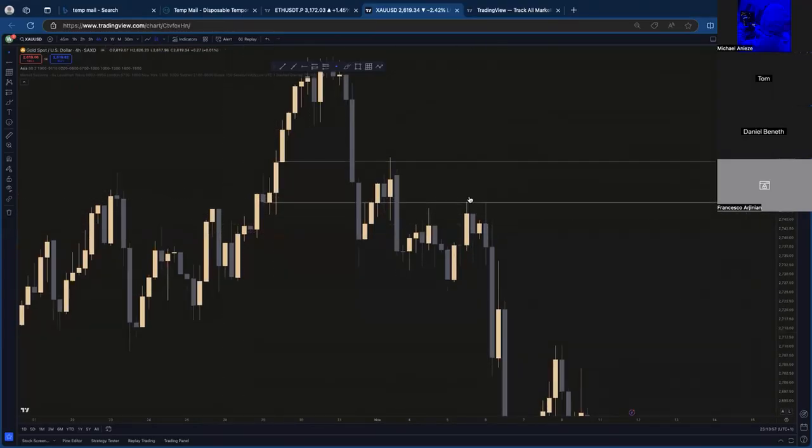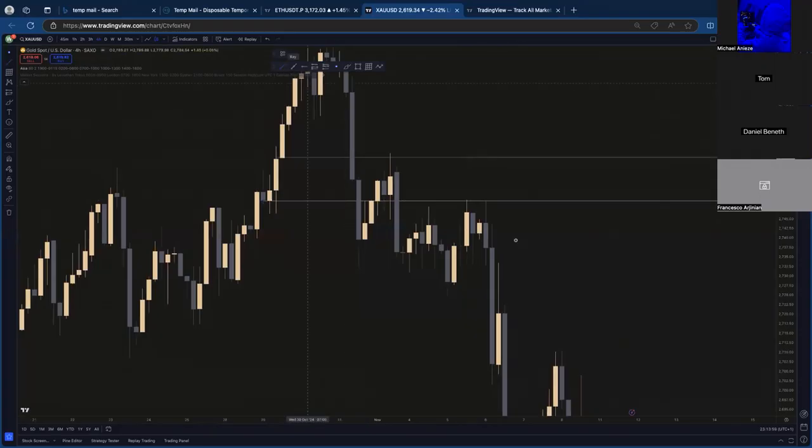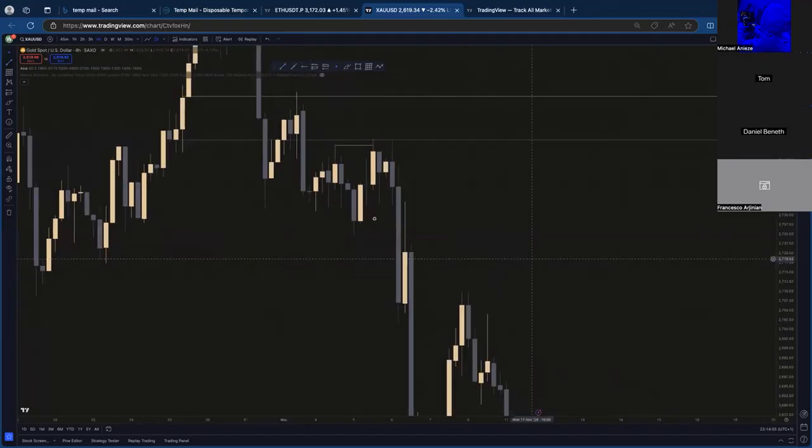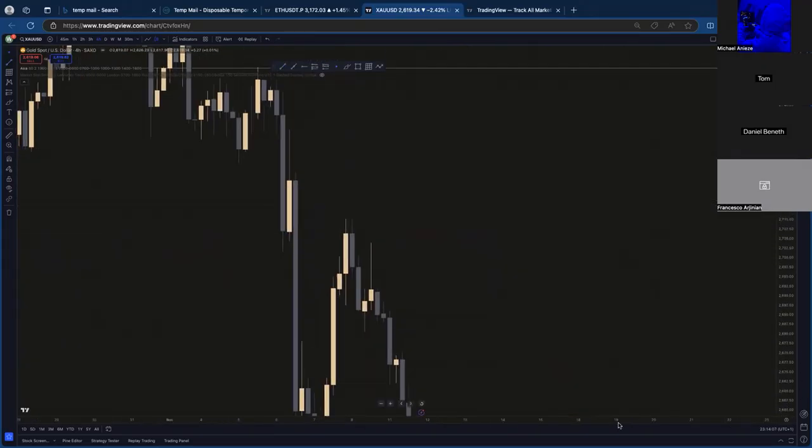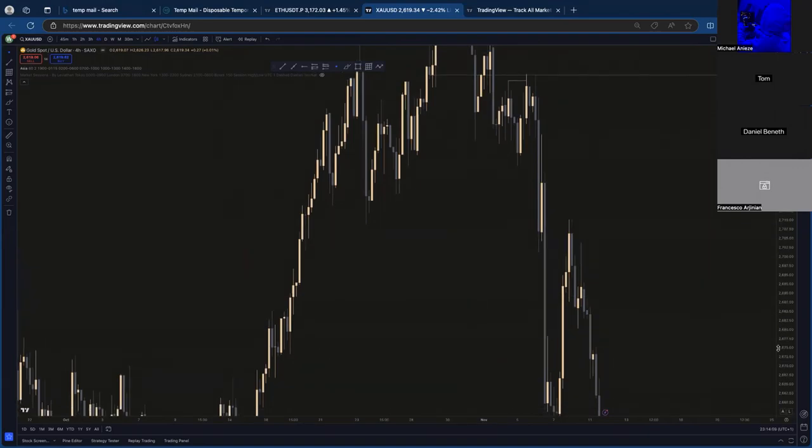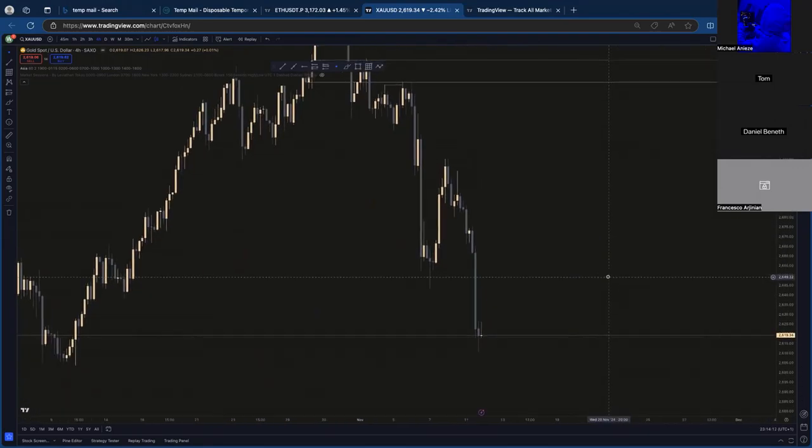It was this point as liquidity, right? So price actually dumped rock hard.